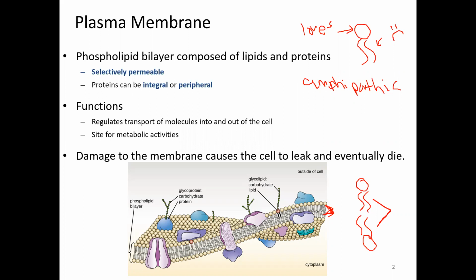Because hydrophilic molecules are incompatible with a hydrophobic environment, molecules can't just cross whenever they want. That would be bad for the cell. It has to be strictly regulated.